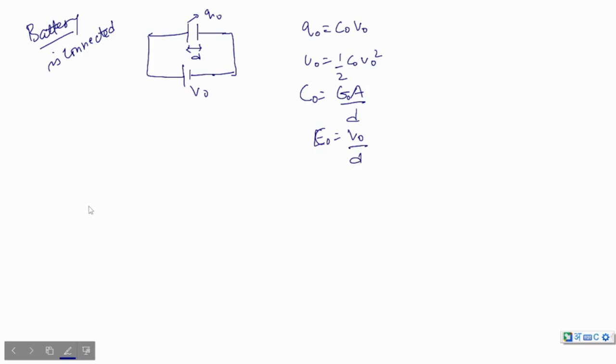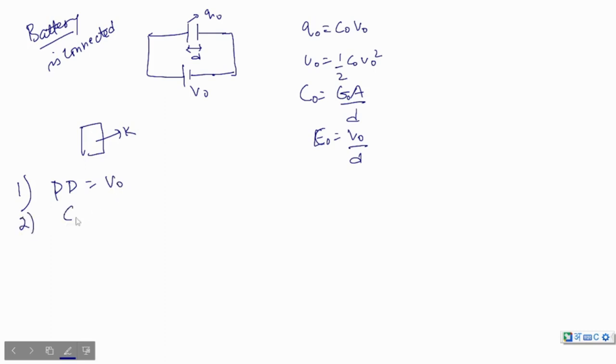Now, a dielectric slab having dielectric constant K is inserted between the plates of the capacitor. We are inserting a slab inside the capacitor. Now, what will be the effect? The first thing, potential difference across the capacitor will be V naught. There will not be any change in potential difference.